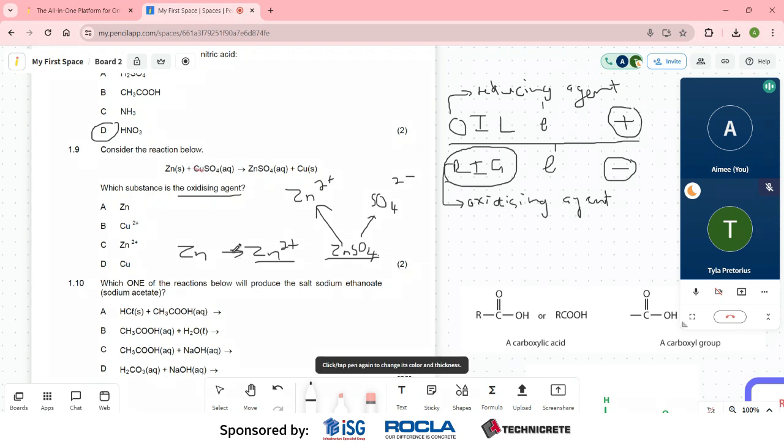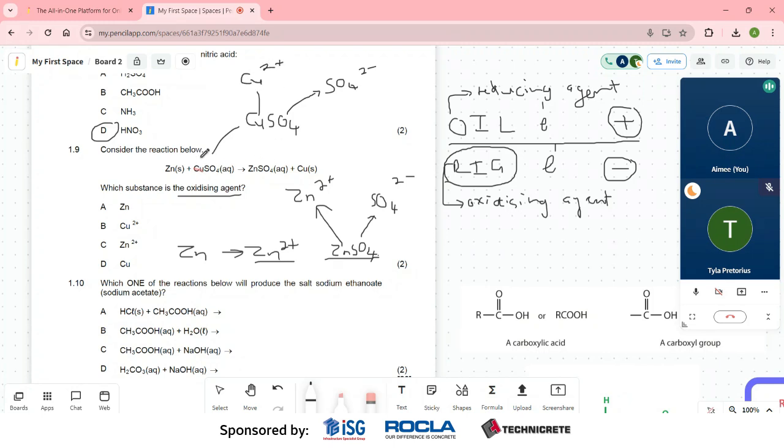And we can double check this. We can say, okay, well, copper sulfate, you know the charge of SO4 is 2 minus, which means the copper that we're working with here is Cu2 positive. So it starts as Cu2 positive on the one side, and it becomes Cu solid, or Cu neutral, on the other side.